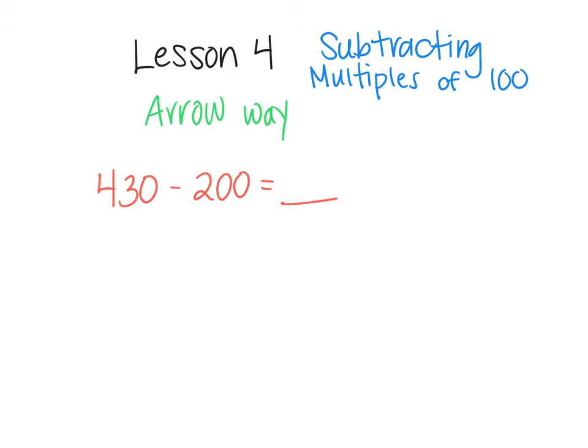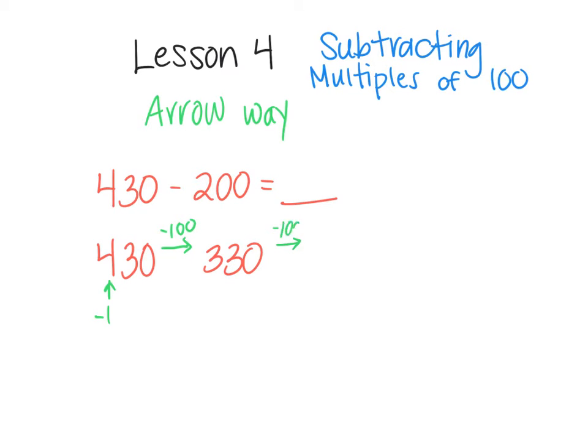Okay, so if I had 430, I need to instead count back by hundreds. So I could say 430 take away 100. That means this number is getting taken away by 1 because it's in the hundreds place. 430 take away 100 leaves us with 330. Right now we've only taken away 100. We need to take away another 100.